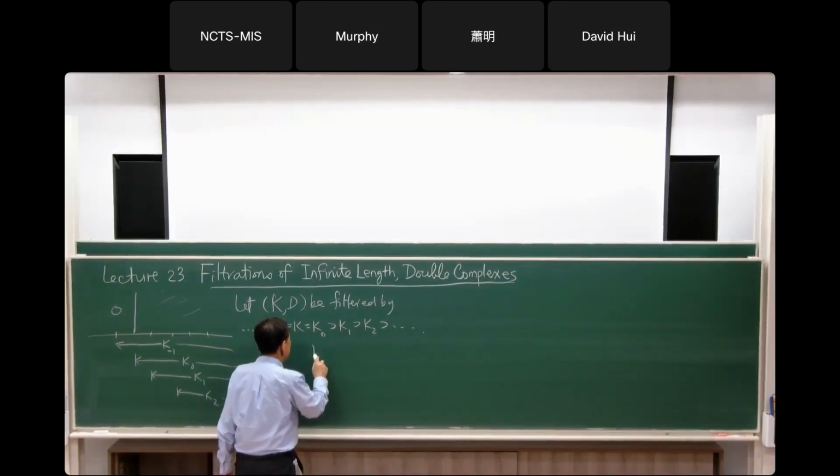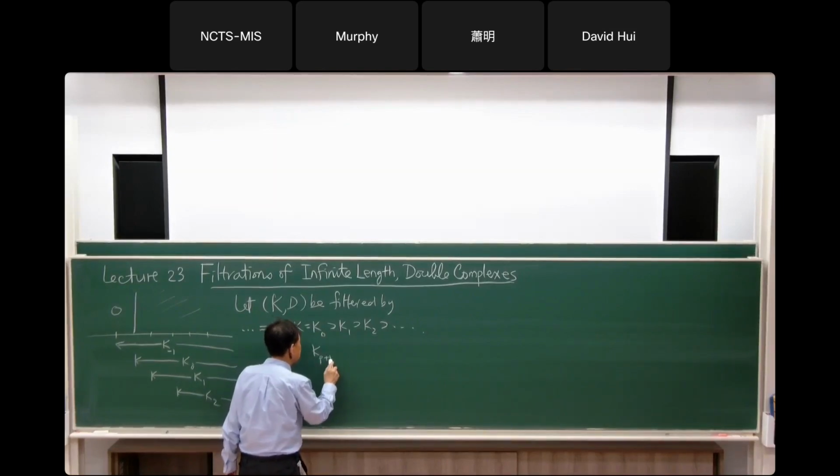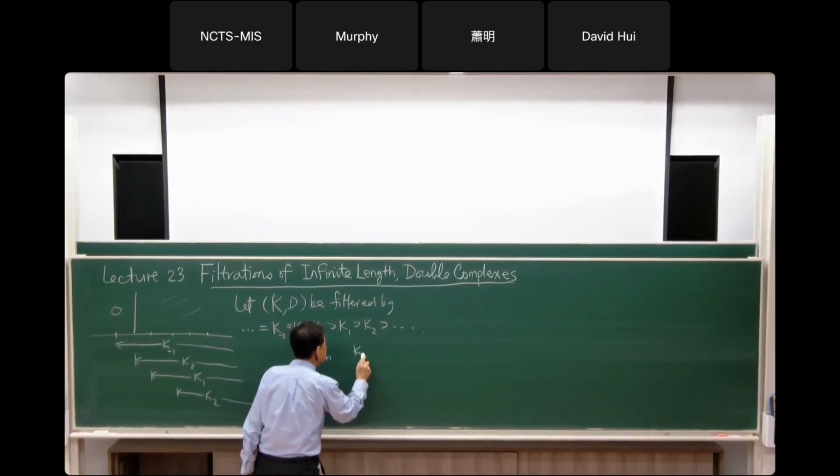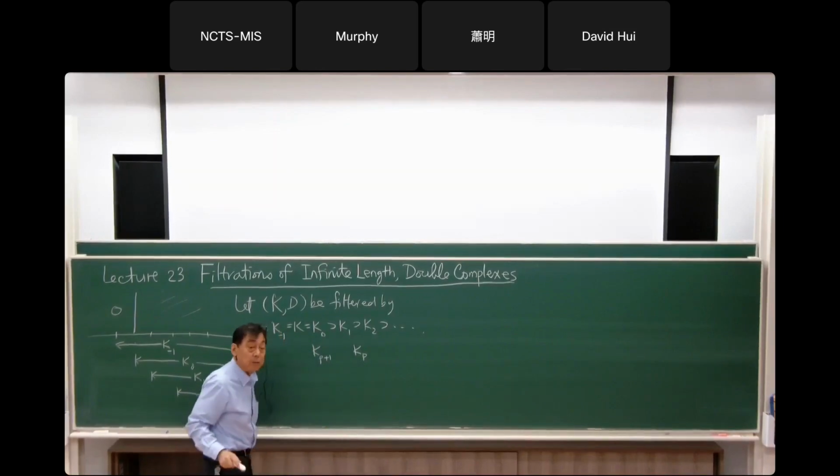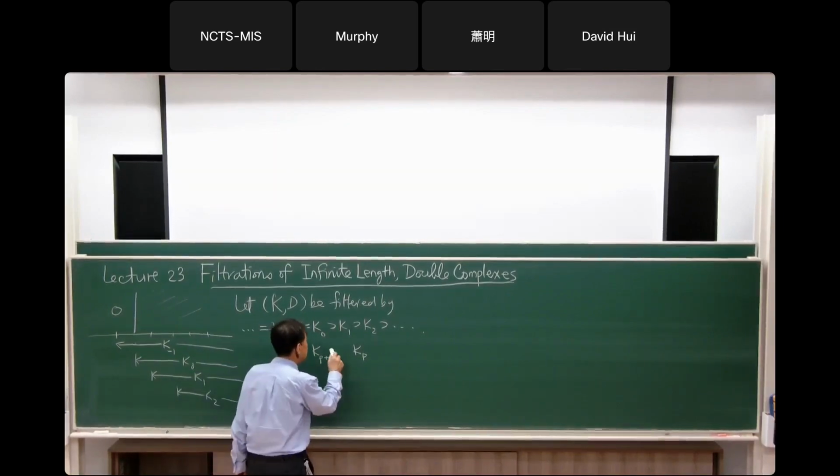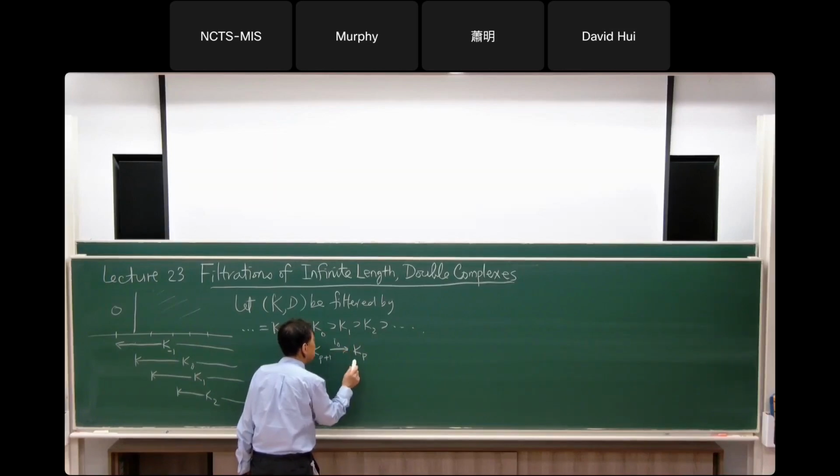And we have an inclusion from KP plus 1 into KP that we call I0.